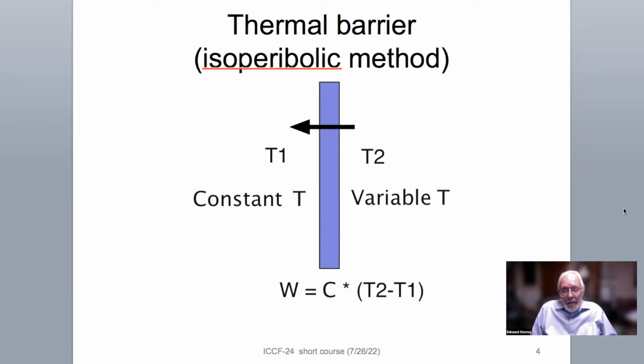You never know exactly what C is in your apparatus. Furthermore, there's no guarantee that the temperature is uniform within the apparatus, nor that the barrier is uniform. So there's a lot of variables that have to be taken into account when using this particular technique. But it's one that's been used quite frequently. It works very nicely when it's done carefully.